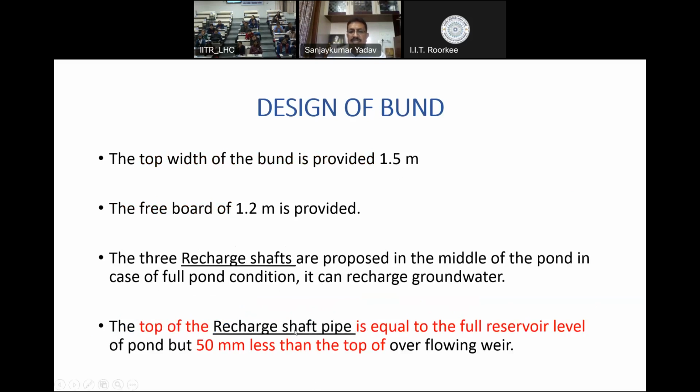The depth of the recharge shaft is kept at 7.5 meter, and the recharge shaft pipe is at full reservoir level of the pond, but 50 mm less than the top of the overflowing weir. So we have also proposed a weir, which allows the water to spill out from the pond.